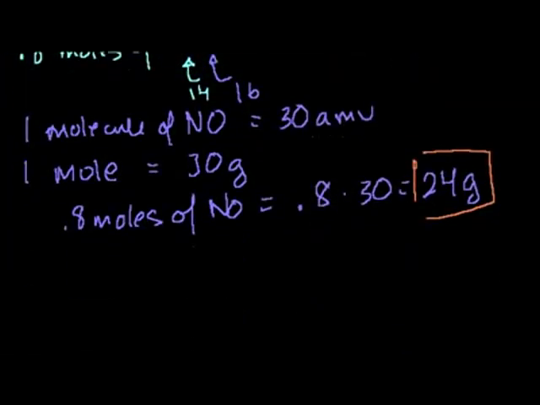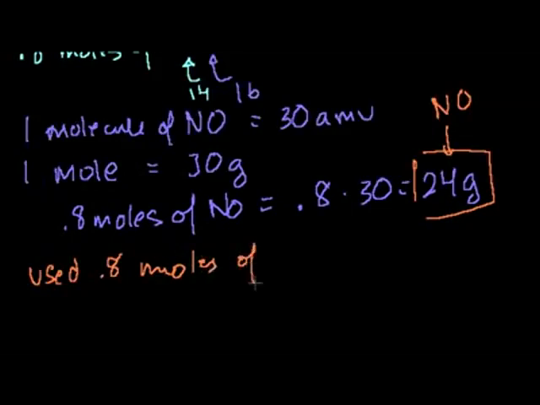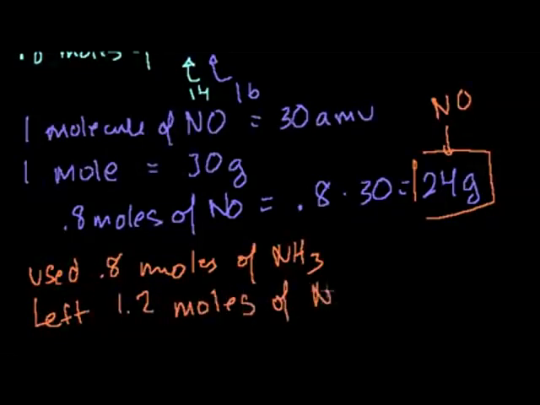So we're going to have 24 grams of nitric oxide, and we used 0.8 moles of ammonia, and we're going to have left 1.2 moles of ammonia. And if you want, you can figure out how many grams of ammonia that is. You just figure out how many grams 1 mole of ammonia is. It's 17 grams, and then just multiply that times 1.2.